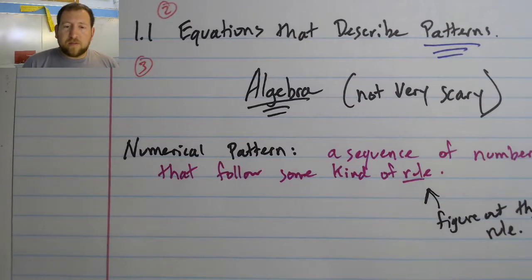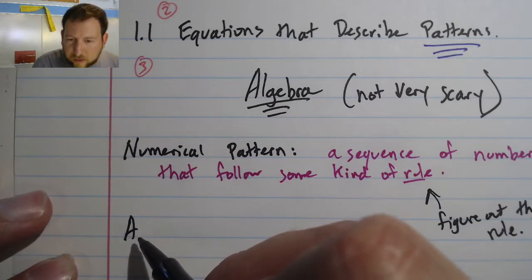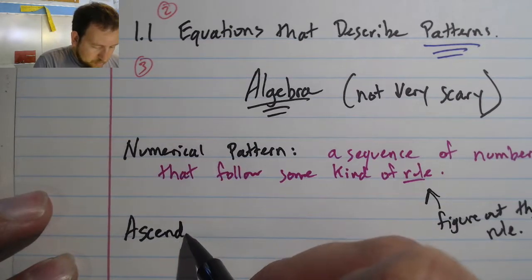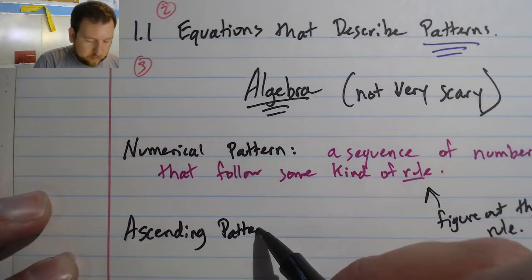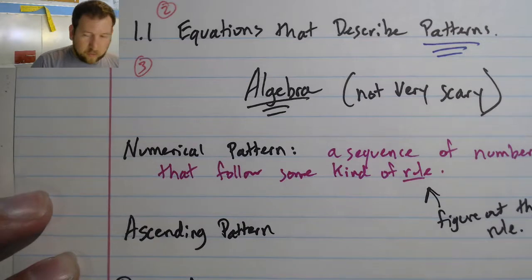Now, we have a couple of different kinds of patterns that we can look at. We have ascending and descending patterns. Let me spell this right, because it's kind of weird. Oops, and I'm off.